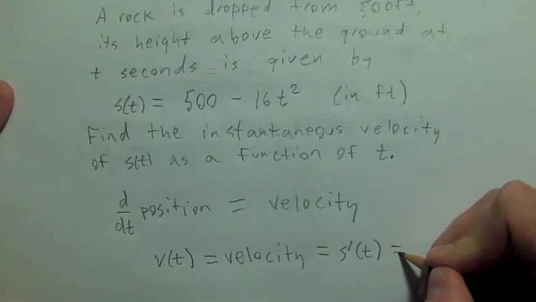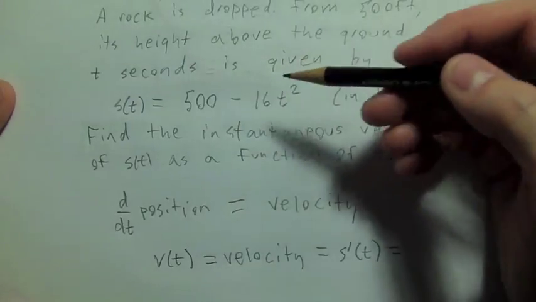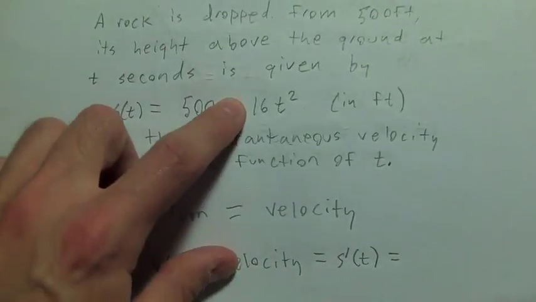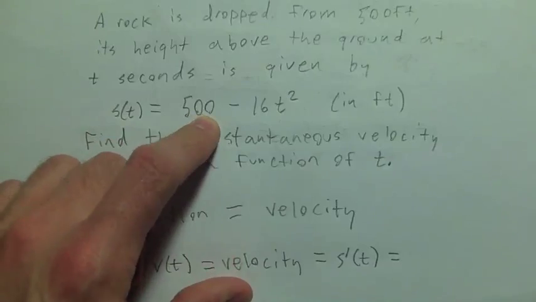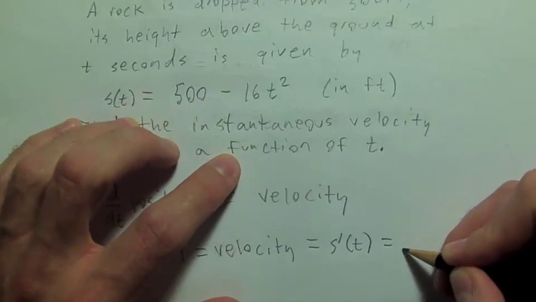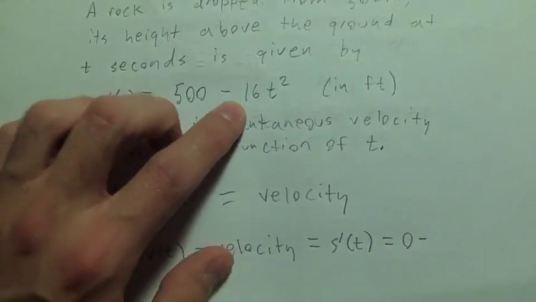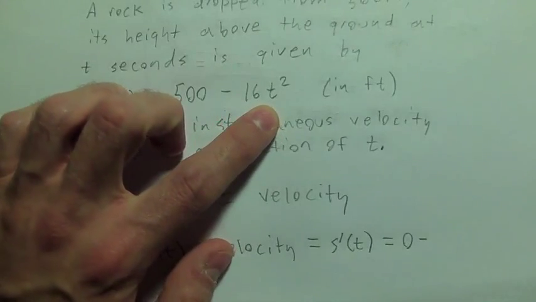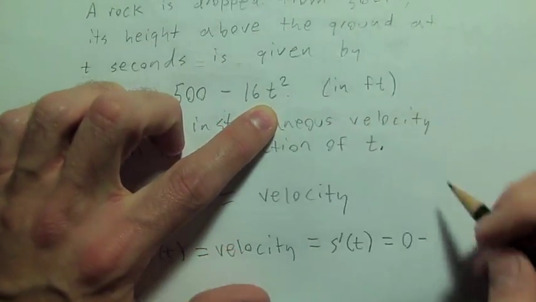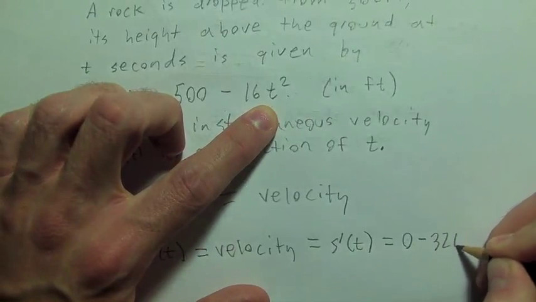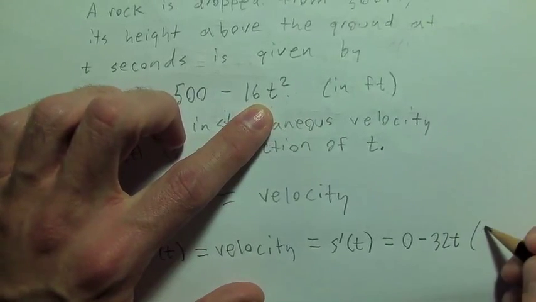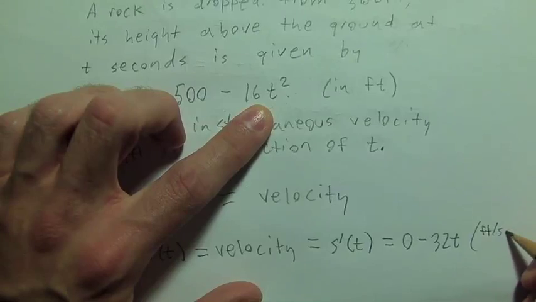So s prime of t is going to be super easy. It's the constant 500, so 0. Minus 16 times t squared, so the derivative of t squared is just 2t, so this will be minus 32t. And this is in feet per second.